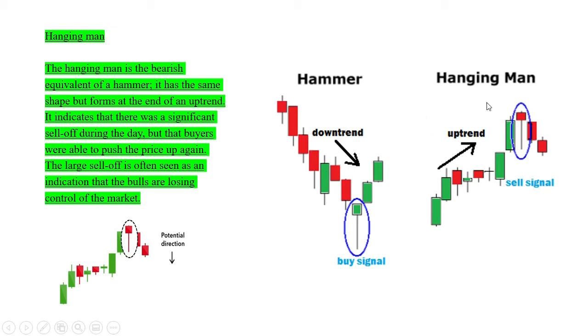If the hanging man forms at an uptrend, that is a sell signal because that shows that there are bearish implications in this candle. If we went back to the first example of the hammer and it forms at the bottom of a downtrend, that is a bullish signal to buy. So if we see this hanging man form at the top of an uptrend, that is an indication to sell and go short, right?